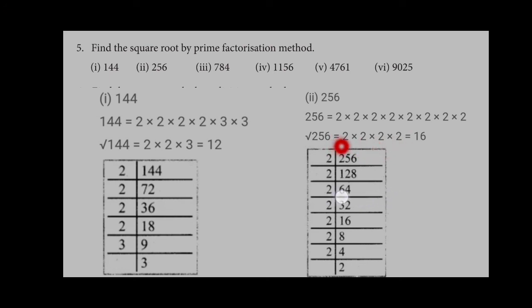So 2 square into 2 square into 2 square into 2 square. So root and square will be cancelled. If we multiply, 2 2s are 4, 4 2s are 8, 8 2s are 16. 16 is the perfect square root for 256. Understand? This is the method we should use to find the square root by the prime factorization method.